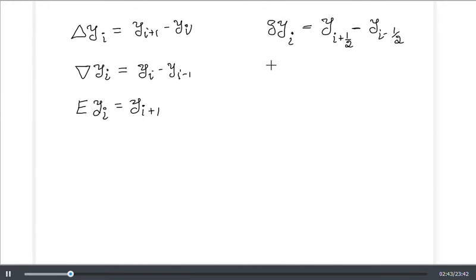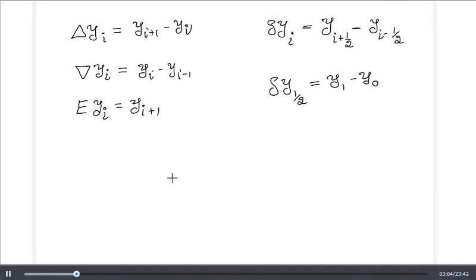Now let's see the relation with the shifting operator. Let me rewrite it in a different way also. Suppose you write delta of y at 1 by 2, that will be equal to y1 minus y0, because 1 by 2 plus 1 by 2 is 1, and 1 by 2 minus 1 by 2 is 0.